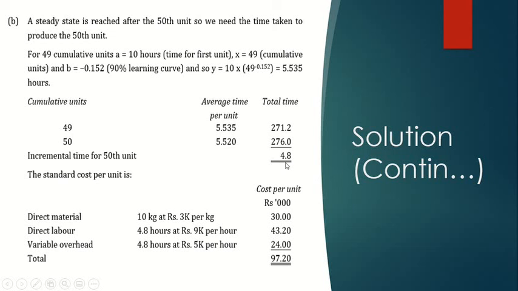So 4.8 will be continued for the rest. So the 50th unit's time is 4.8, so we can use this 4.8 for your further quarters.